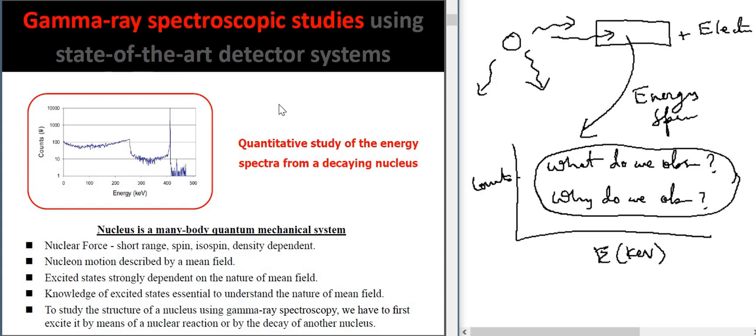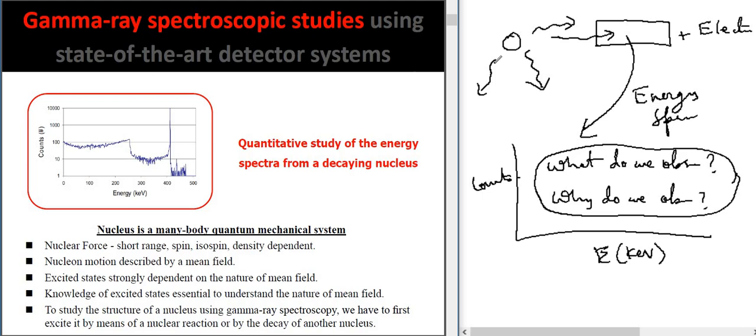Now, we do know that our nucleus is a many-body quantum mechanical system. Why? It consists of so many nucleons, protons and neutrons, and they are quantum mechanical particles, fermions. Also, the nucleon motion inside this nucleus is described mainly by a mean field. And what is the mean field?